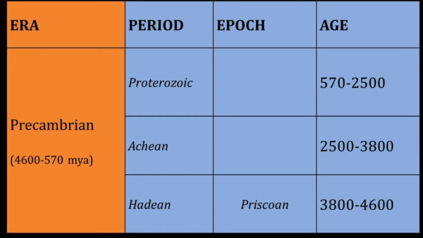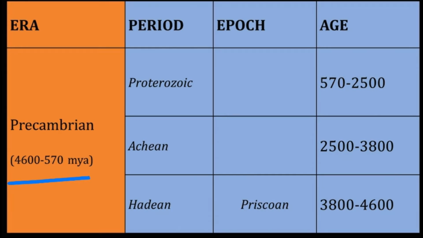Now we will see the basics of the geological time scale. Before the Phanerozoic, the Paleozoic, there is what we call the Precambrian. The Precambrian has an age of 4600 million years to 570 million years.